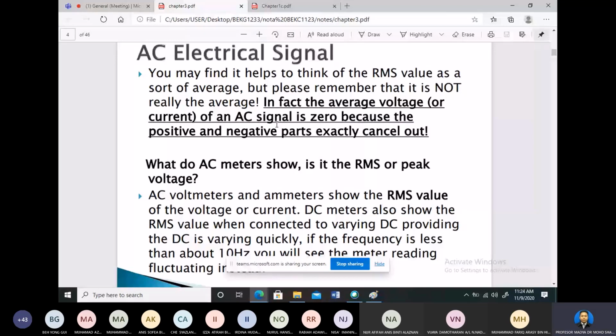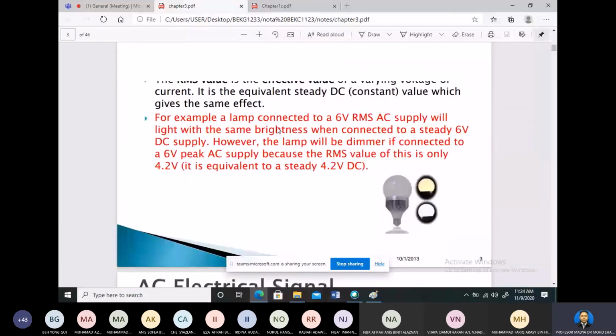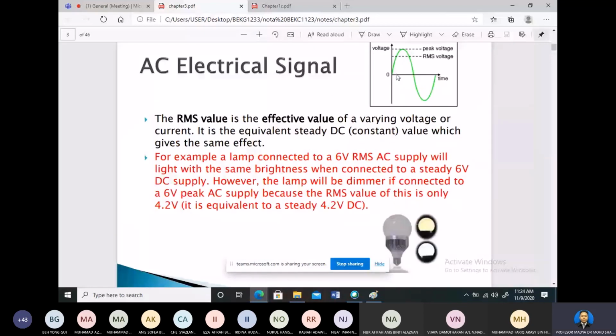This is a sine wave, so if you average it, automatically the voltage will be zero, because the positive half of the sine wave together with the negative half gives an average of zero. That's why for AC we have to use the RMS voltage, not the average.